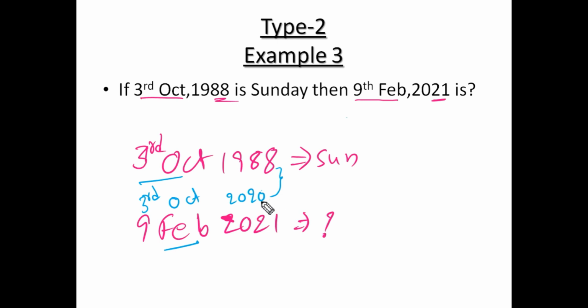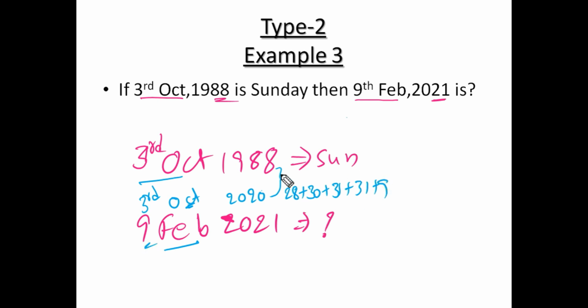Then from 3rd October 2020 to 9th February 2021: how many days are remaining in October? 28 days, plus November 30 days, December 31 days, January 31 days, and February 9 days.